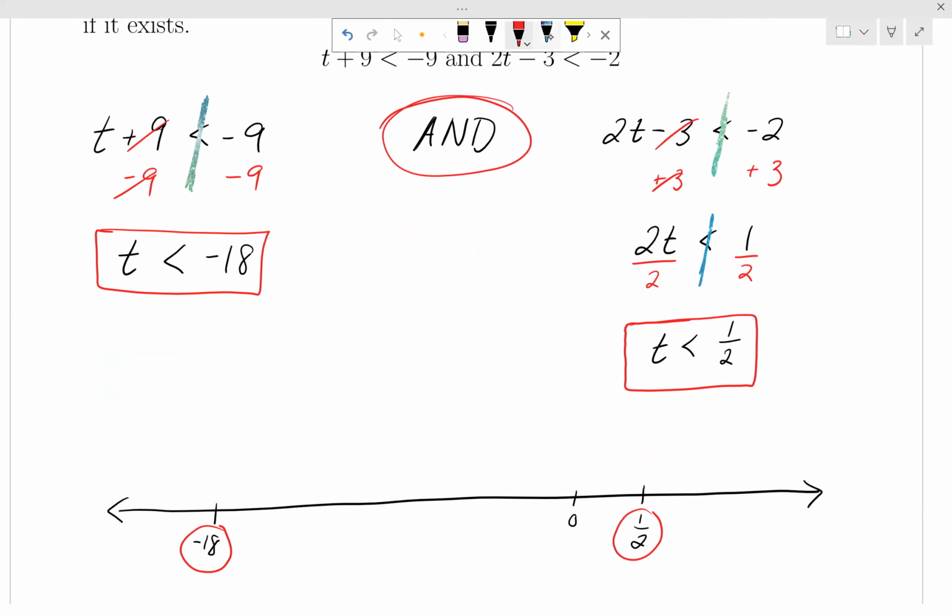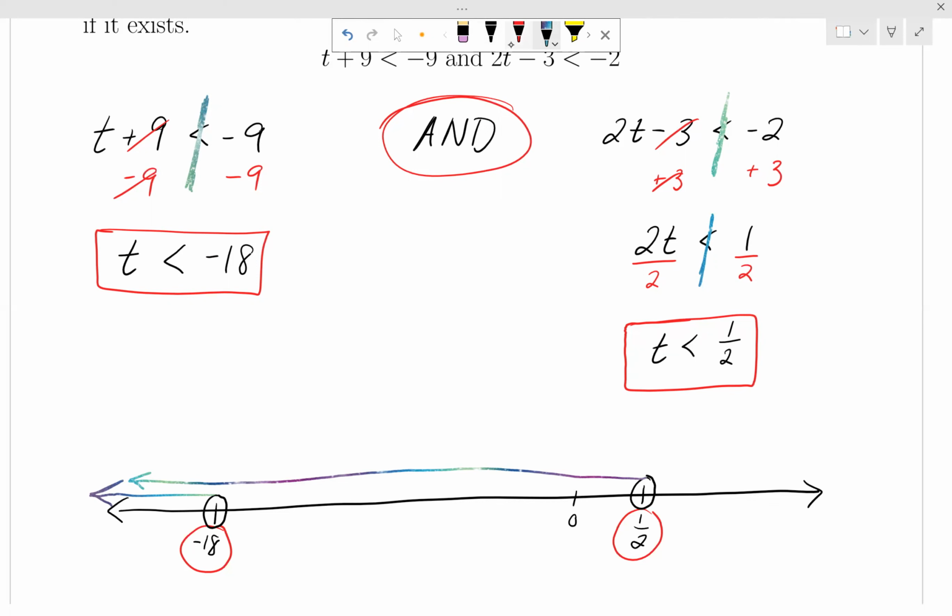All right. And it says less than, not less than or equal to. So there's like an open circle here. I'm not including negative 18, and I'm looking at all the values that are less than negative 18. Right. Then same here with the 1/2. It's an open circle. And I'm looking at all the values of t that are less than 1/2.